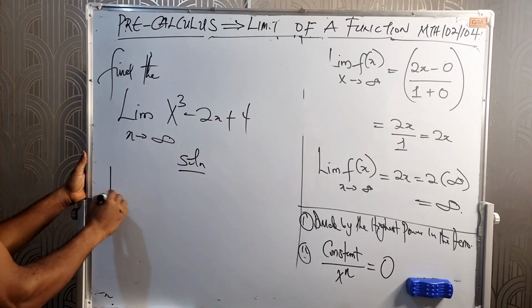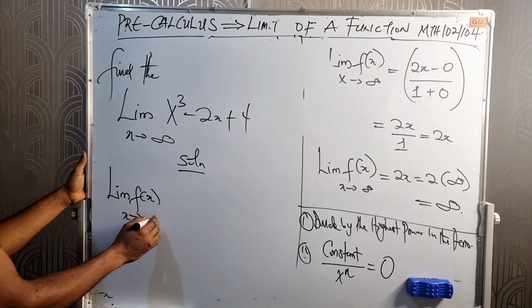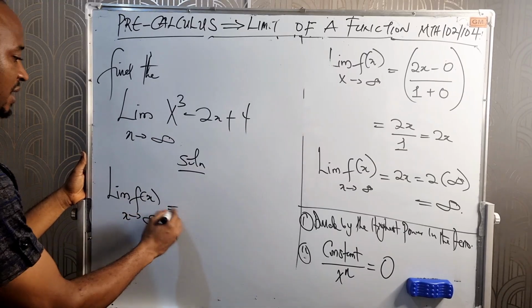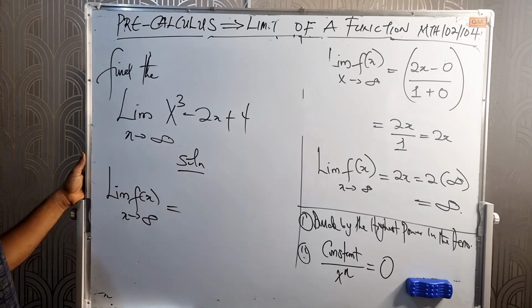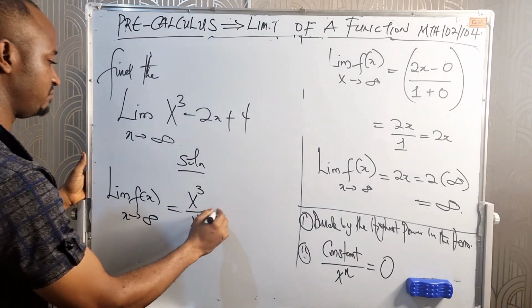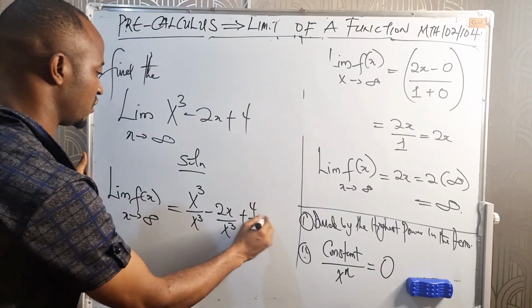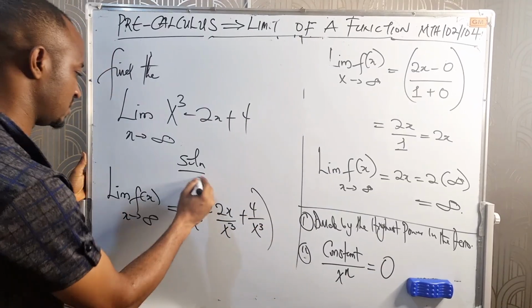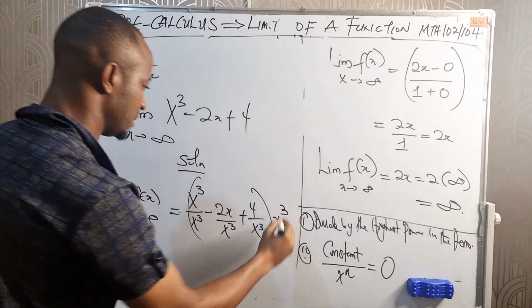We look at the limit of f of x as x approaches infinity, as the highest power of x here we know is 3. This will give us x cubed over x cubed minus 2x over x cubed plus 4 over x cubed. All of this is multiplying with x cubed.